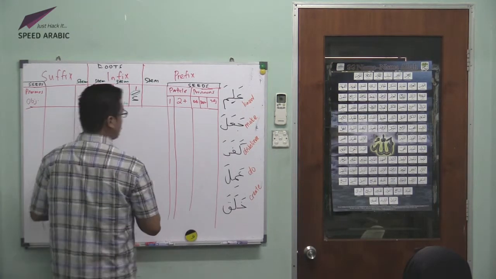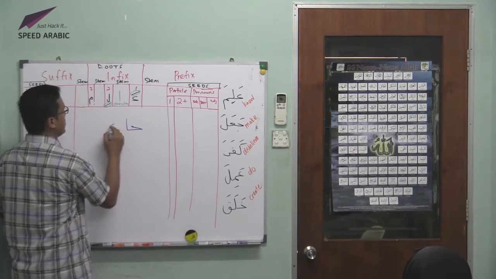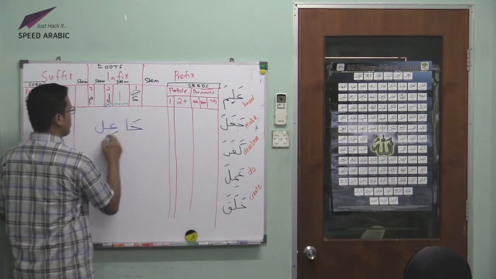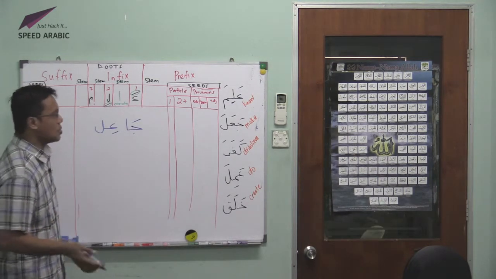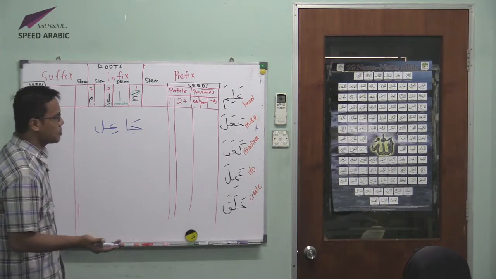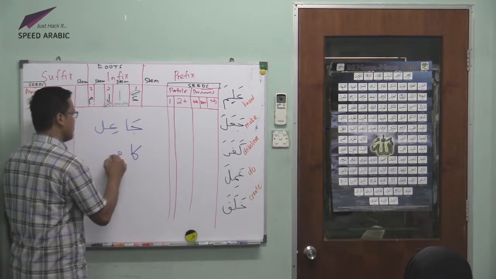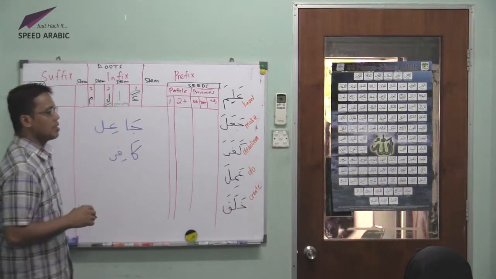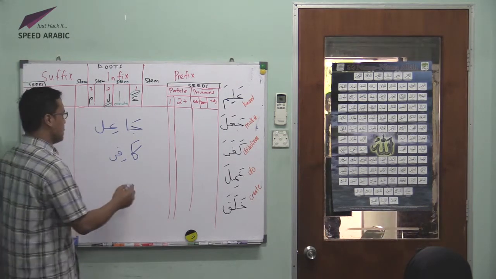Okay. So when I say Ja'il, what does it mean? One who makes. Or you put an ER at the end and it becomes maker. So when I say kafir, what does it mean? One who disbelieves, or disbeliever.